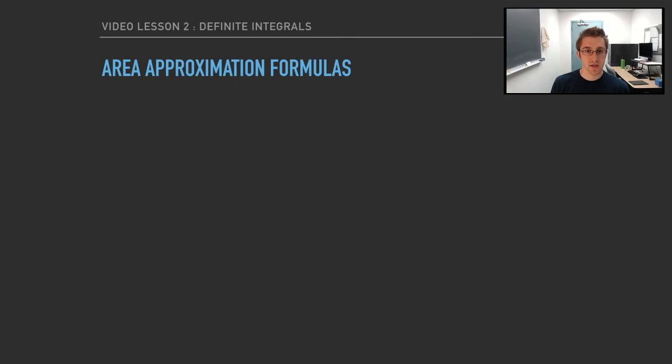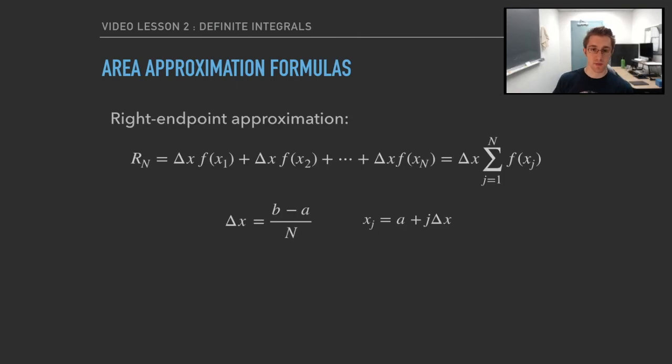Let's summarize it. This is the right endpoint approximation. This is exactly what we just wrote down. We call it Rn, and it's given by this formula where delta x is the interval width, b minus a over n, and xj is the right endpoint of the jth rectangle.